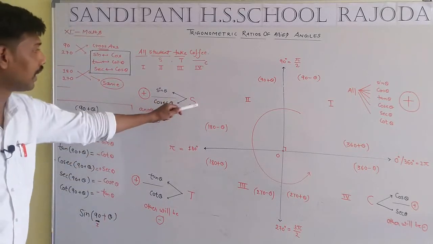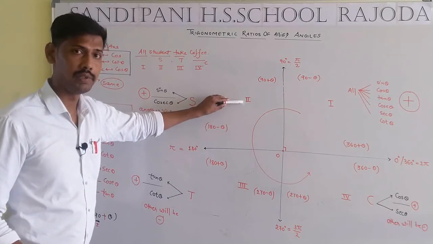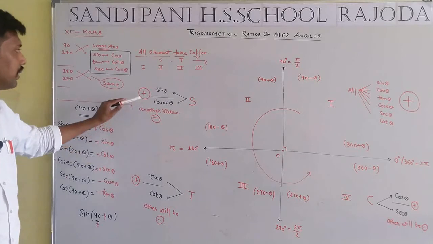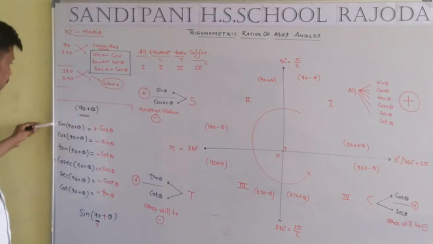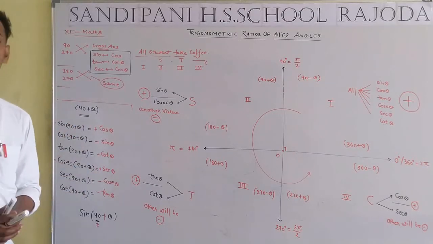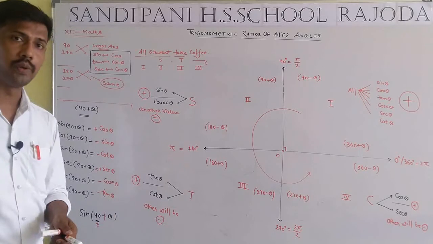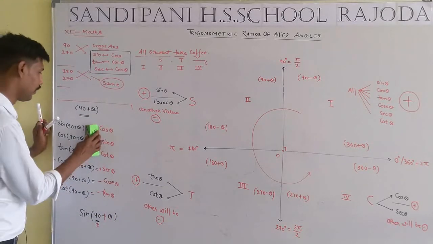In the case of 90 plus theta, relate with part 2, the message of the second part: the answers of sin and cosec will be positive, other parts will be negative. I hope, student, you are getting the second part, 90 plus theta.